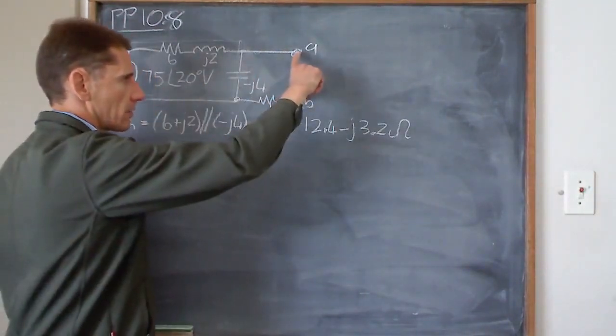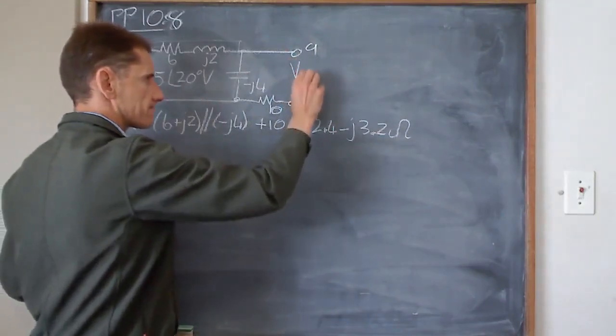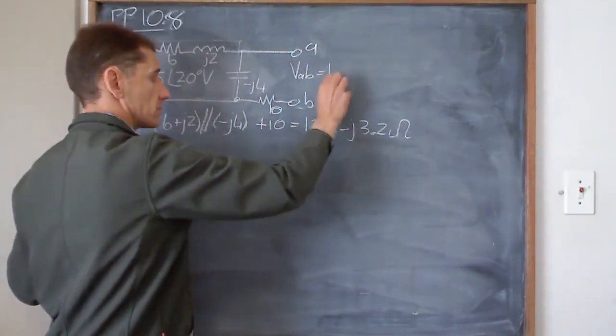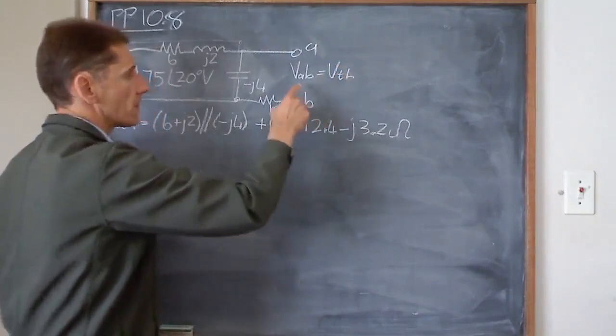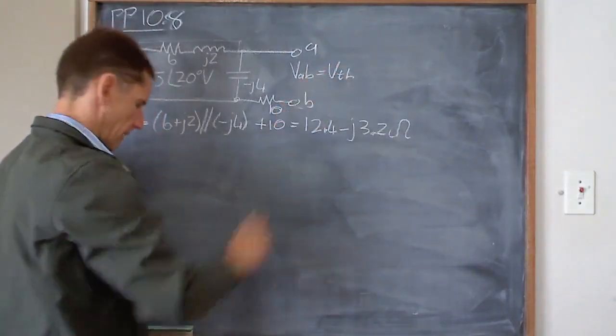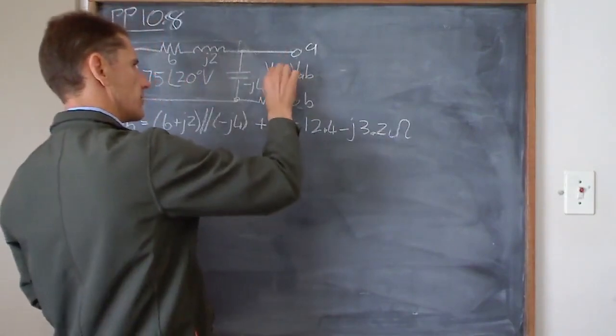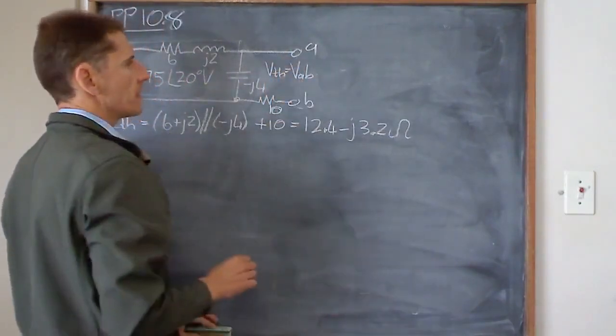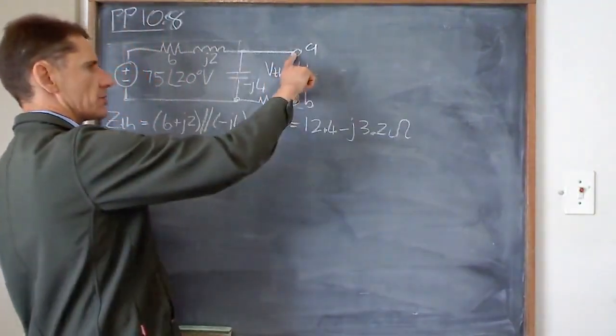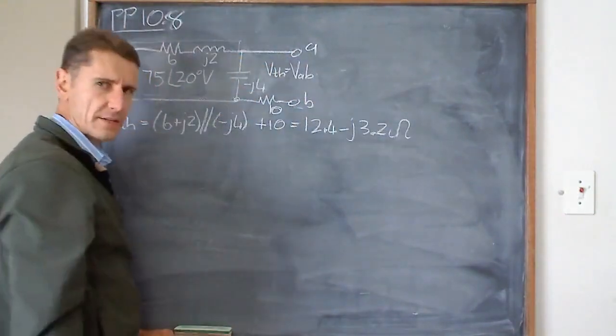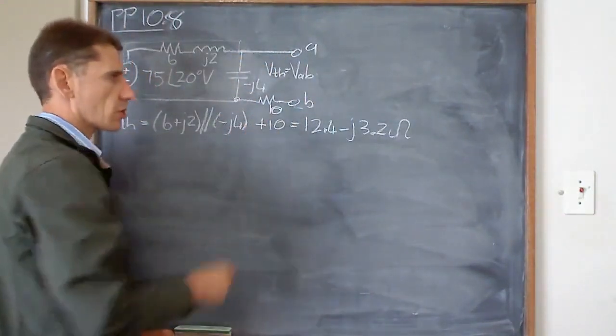So voltage VAB, which is now your Thevenin voltage. I should have actually written it the other way around. Mathematically, V Thevenin equals VAB. That voltage will then have to be the capacitor voltage because there's no voltage across the 10 ohms.